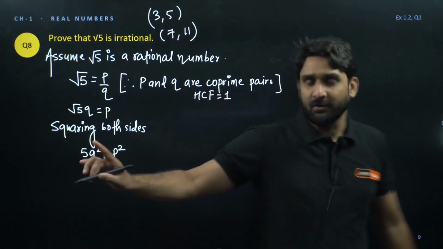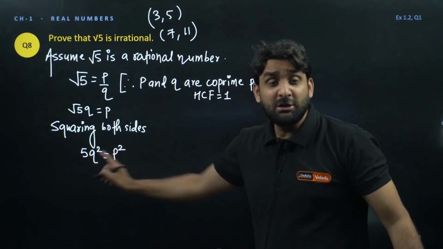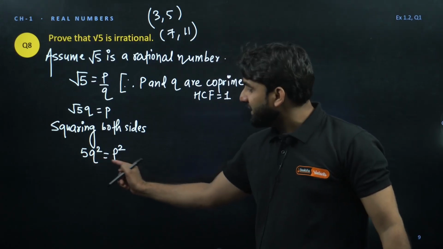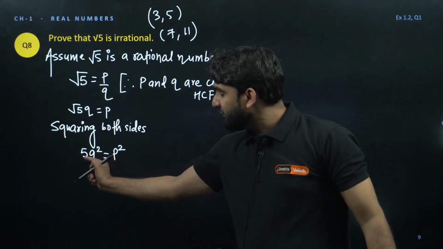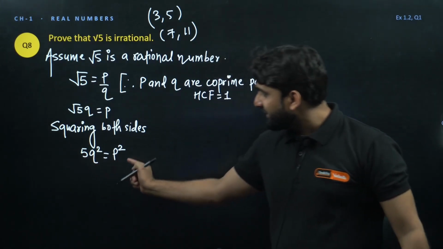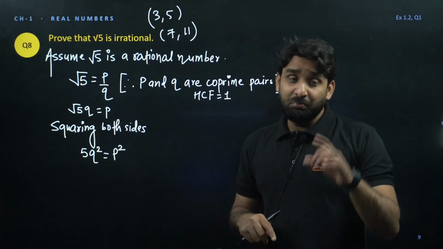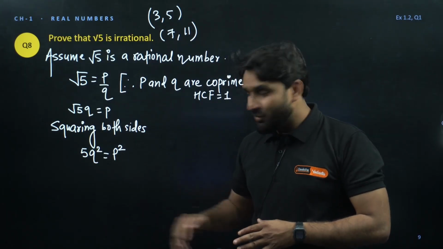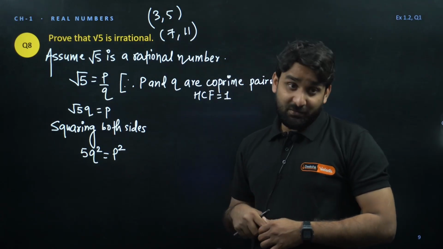Now look here. This 5 is in multiplication with Q square. So if we send this 5 to the right side, it implies that P square will be divided because 5 is in multiplication. When this 5 goes to this side, it will be dividing P square.